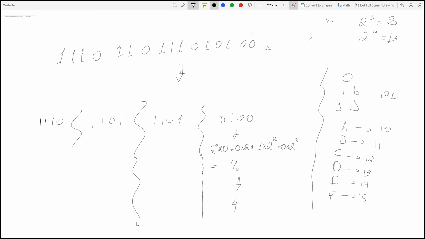Let's do the second part a little bit faster. It's going to be 2 to the power of 0 plus 2 to the power of 2 plus 2 to the power of 3. And here the answer is 1 plus 4 plus 8, which is in this case 13.